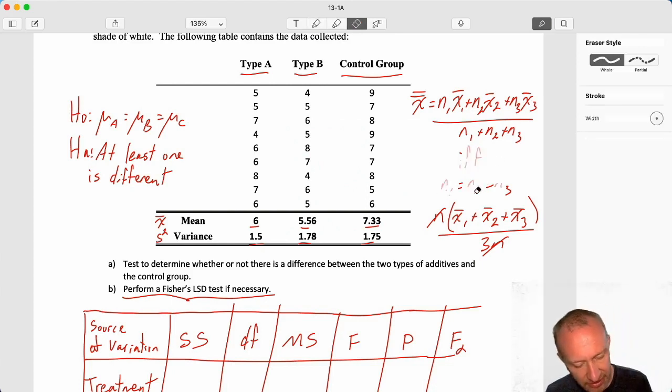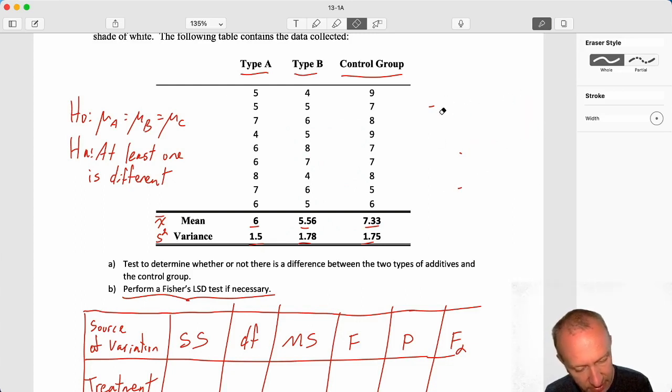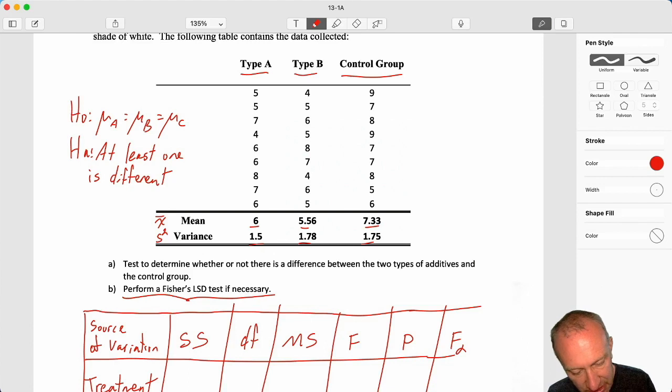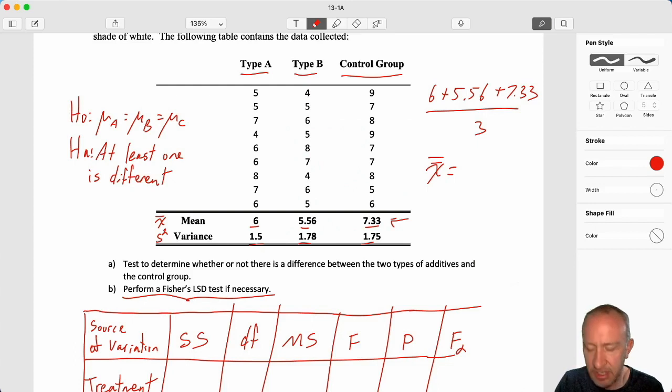So I'm going to use that formula and calculate the mean of the means to obtain my grand mean. So here they are: 6 plus 5.56 plus 7.33 divided by 3. And my grand mean is 6.297.